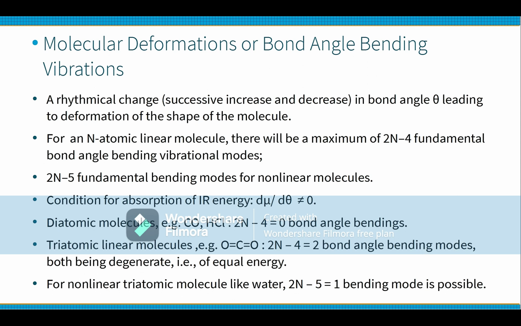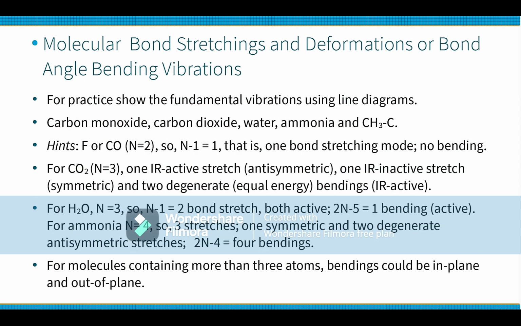But both involve an equal amount of energy, that is, both are degenerate. Therefore, the instrument will record only one frequency. For non-linear molecules, the number of bond bending vibrations is 2n minus 5. If there are 3 atoms, only one bending mode is possible.